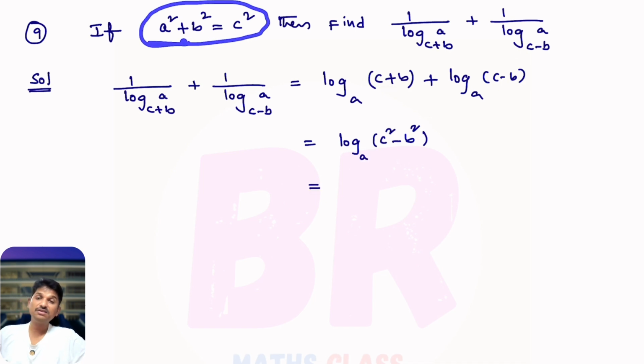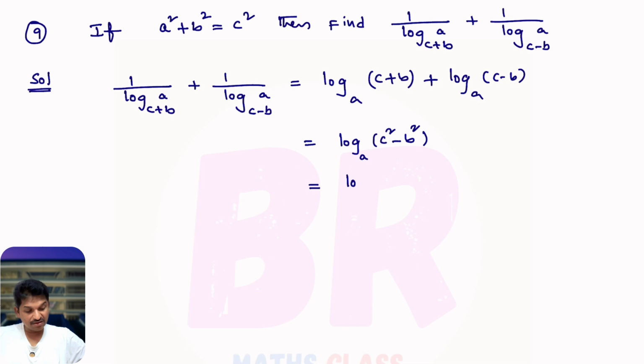Now from this, what is c square minus b square? From this, c square minus b square is a square, right? So this is logarithm of a square base a. This is 2 times log a base a. Log a base a value is 1. So 2 into 1. So its answer is 2.